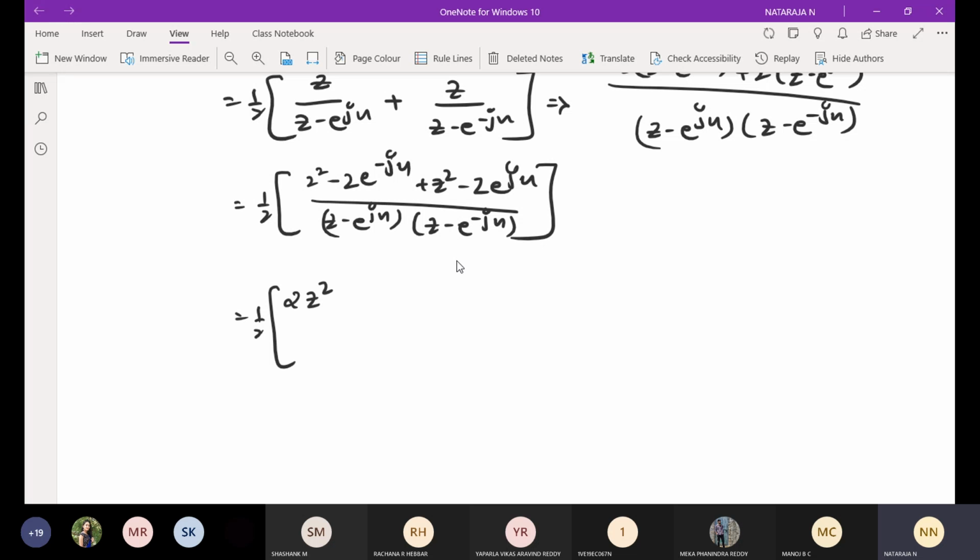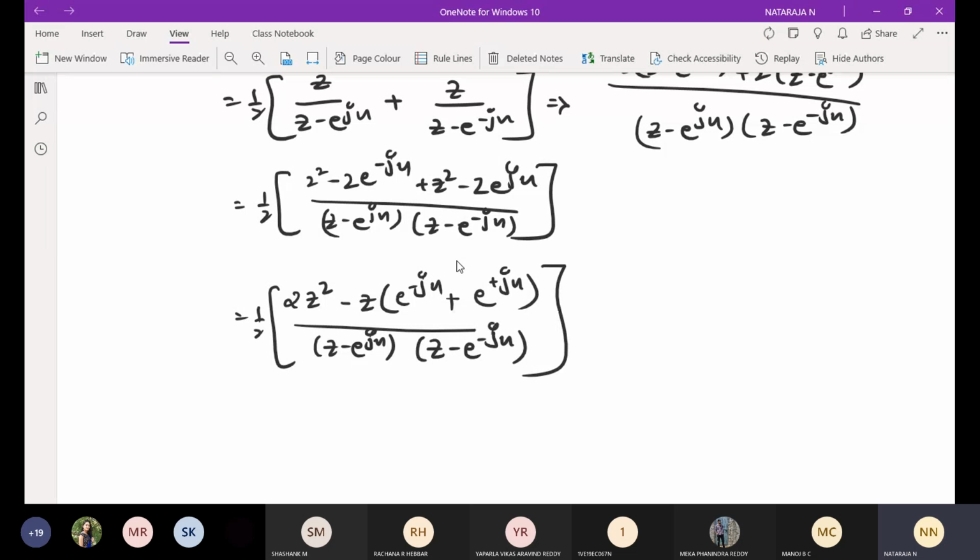You will get 2 times z square minus z, which I take common, into e power minus j omega plus e power j omega. The denominator will be the same. Then finally 1 over 2 into 2z square minus z into e power j omega plus e power minus j omega, which is 2 cos omega.